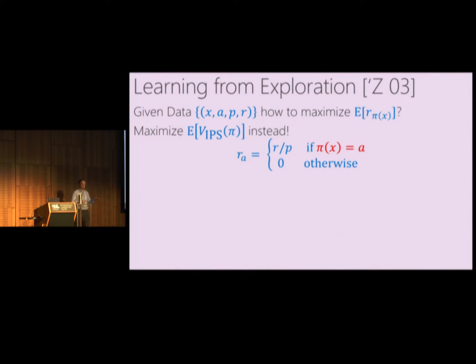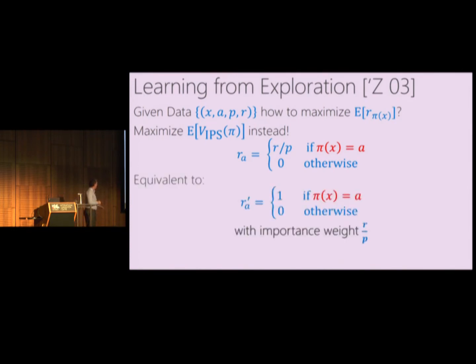Okay, so this is almost a familiar form. You can go a little bit further. You can say, I'm going to have a new reward, which is 1 if the policy chosen action is A, and 0 otherwise. And then I'm going to take the R over P and put that into an importance weight. An importance weight is a trick where you say this example is R over P more important than a typical example.